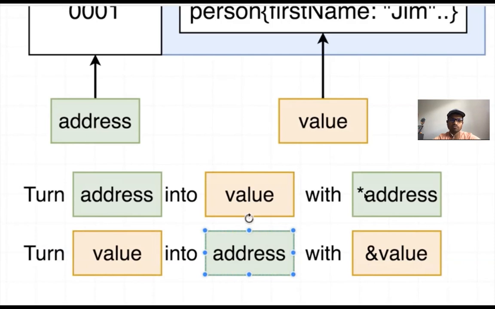And once we need to get the address of the value, we do the ampersand. So ampersand will give you the address, and then a star will give you the value for the address.